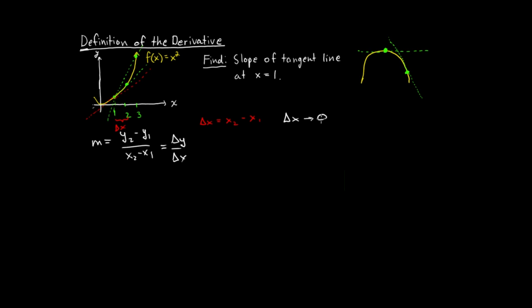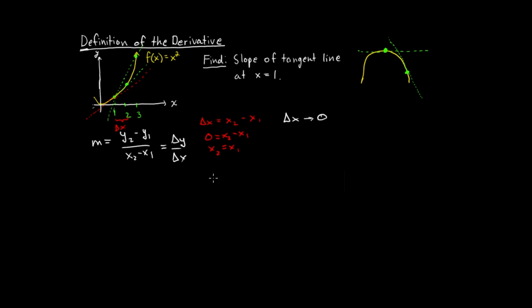We want it to be as close to 0 as possible without being 0, because if we say delta x equals 0, we now have 0 equals x2 minus x1, or x2 equals x1, which doesn't make any sense, because then you'd be finding the slope between 2 points which are the exact same point. That doesn't make any sense.